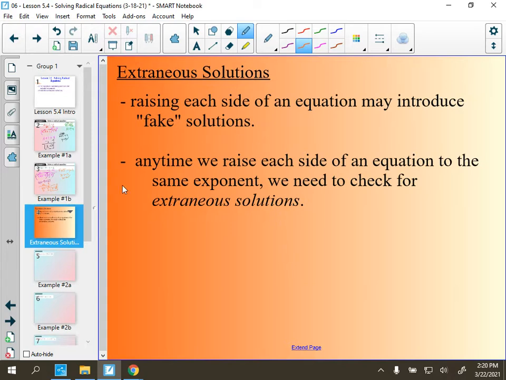So we put ourselves at a little bit of a risk by raising each side to a power. We need to be aware that when I get solutions, whether it's a single one like we just did, or two solutions like we'll see in some future examples, we've got to check them. Long story short.